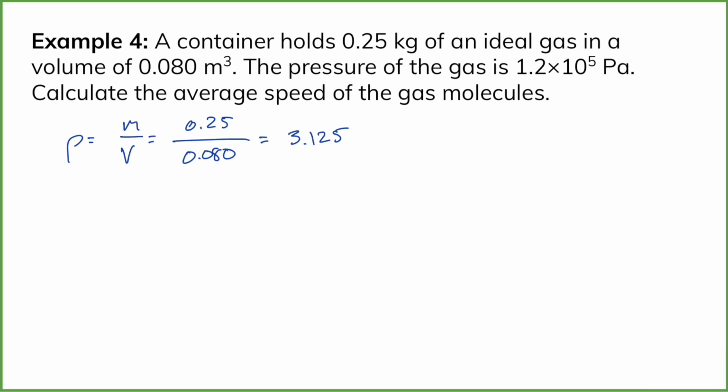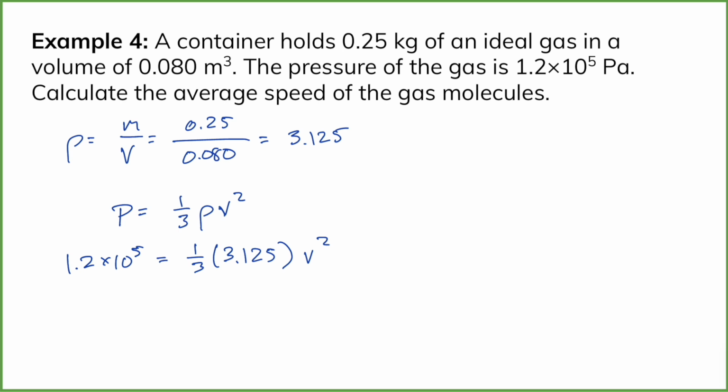And then we know the pressure is 1.2 times 10 to the 5, and so we can use the formula for pressure equal to 1/3 rho v squared. And we're looking for the speed here. And so we have 1.2 times 10 to the 5 pascals equals 1/3 times 3.125 kilograms per meter cubed, times v squared.